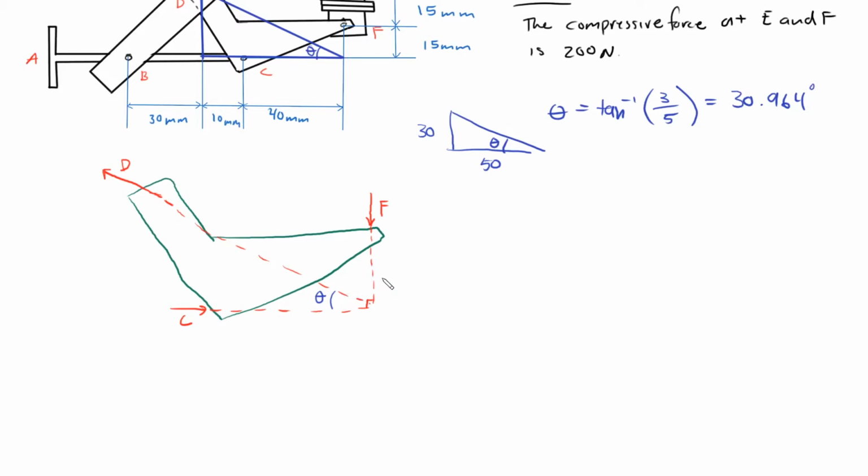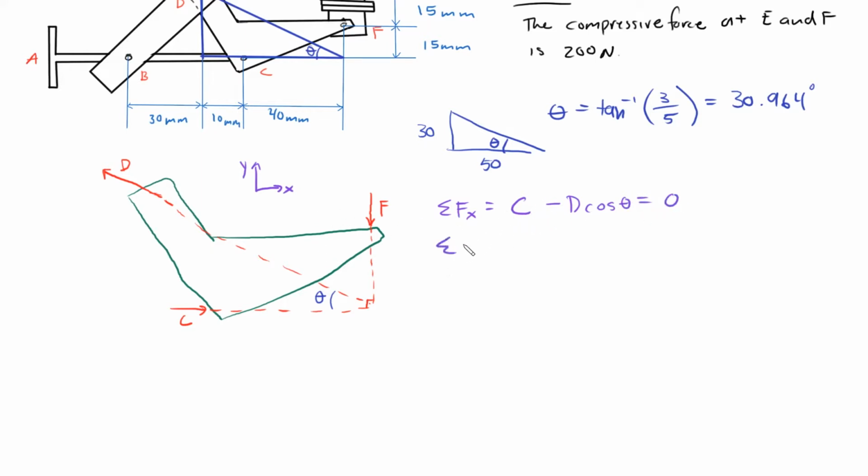We don't need a moment equation. We only need the sum of the forces in the y and x directions. I'll define our axes like this: y and x. Summing the forces in the x direction, we have a positive C. F points vertically downward, so the x component of D is negative D cosine theta, and that equals 0. We have two unknowns, so we need another equation.